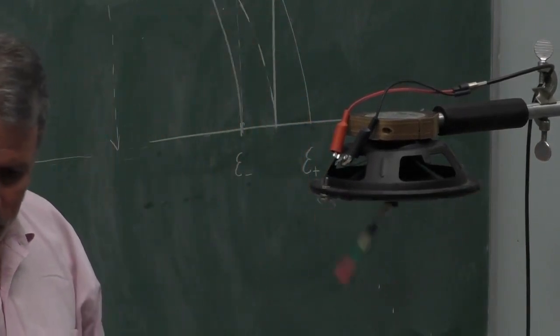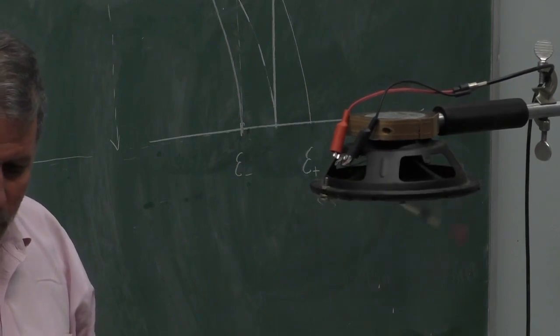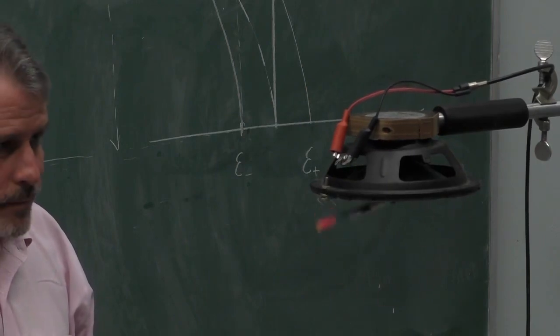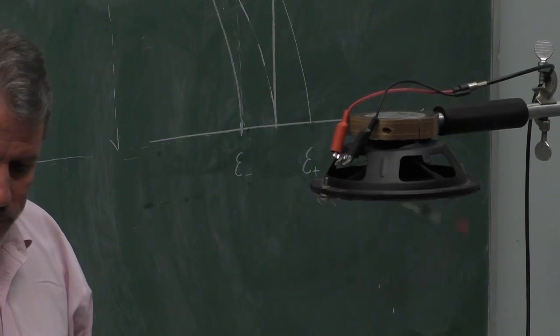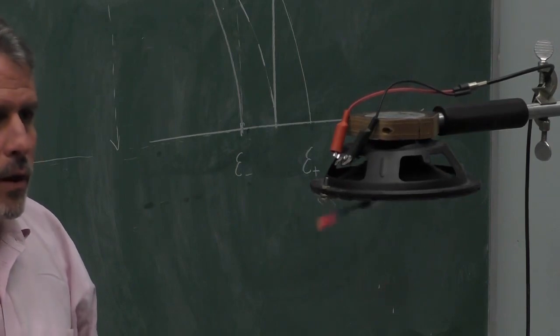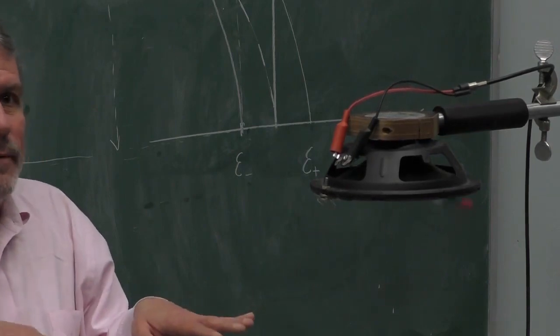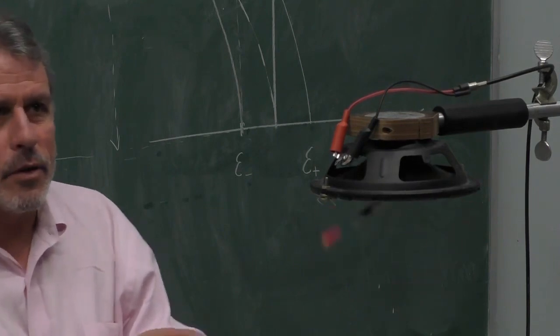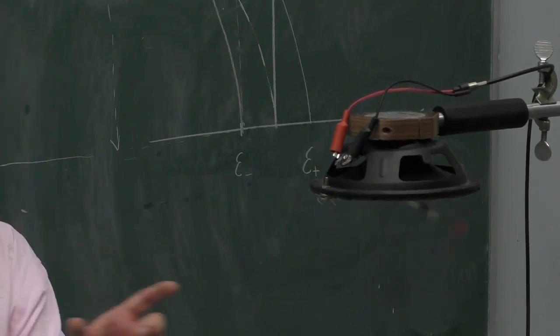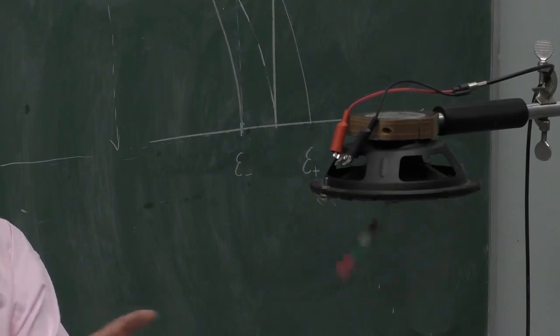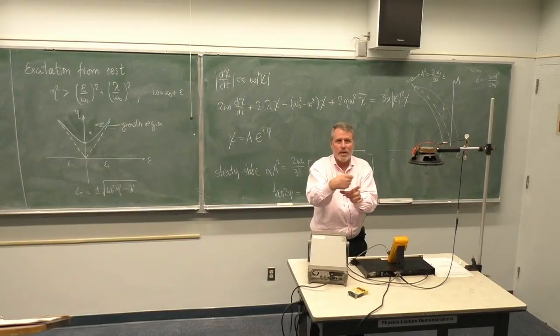Okay, 3.33, 3.1, 2.9, 2.7. Now that I reach that, I'm going to increase the frequency, because remember, once I have a particle hitting the walls, increasing the frequency amounts to the particle speeding up, okay?